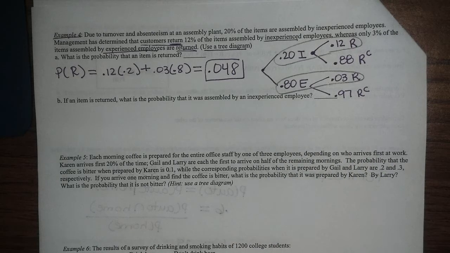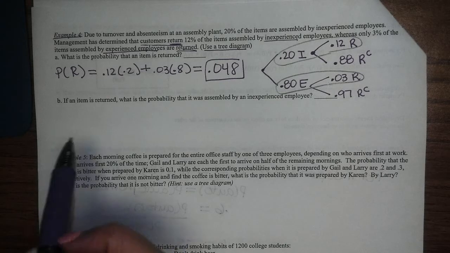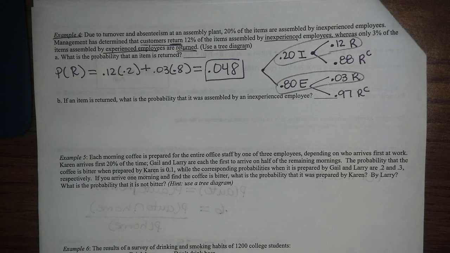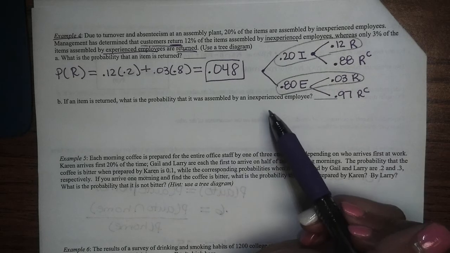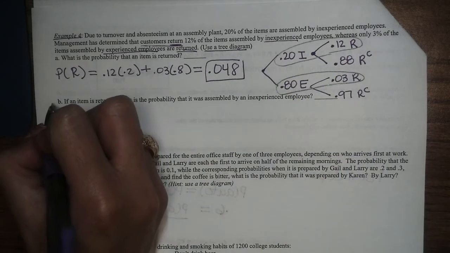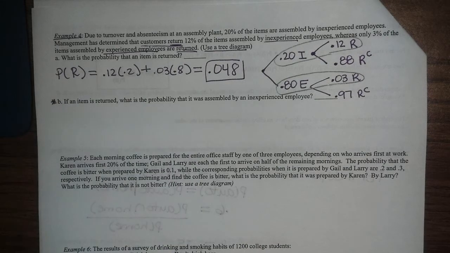So that's letter A. Letter B says, okay, if an item is returned, what is the probability that it was made by the inexperienced employee? Here's the one where a lot of students struggle every year. Like I said, the more you practice these, the more you'll start to recognize them.